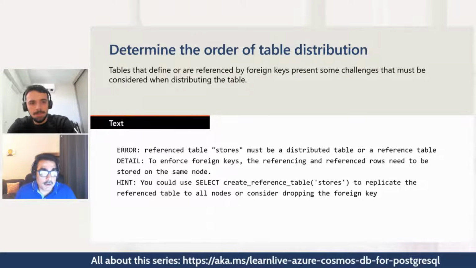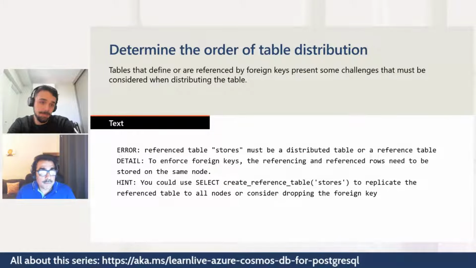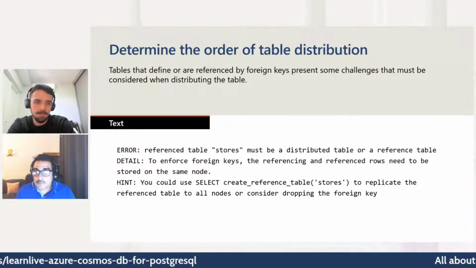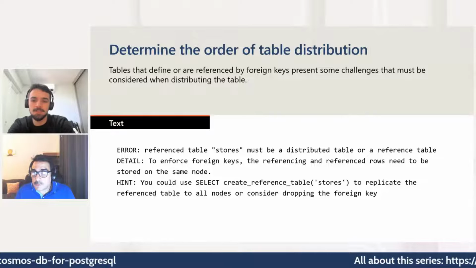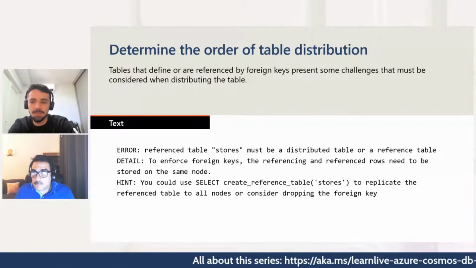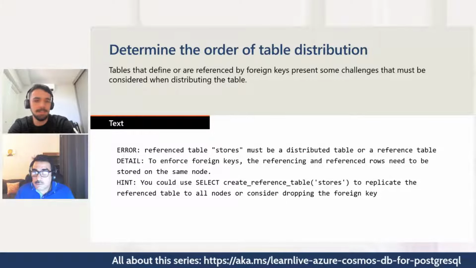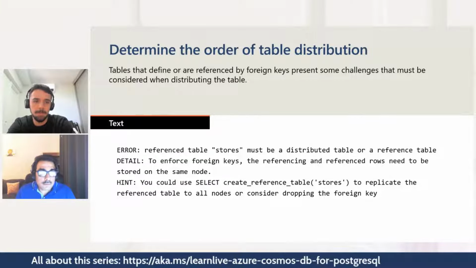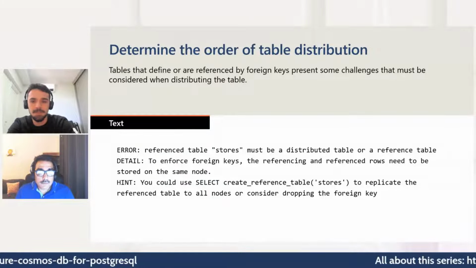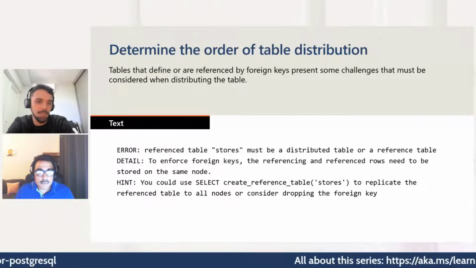Do you want to add something here? Yeah, I just want to pause for a bit and answer the question that was sent on the chat. The question was, can the distribution key be of any data type, or are there any limitations? It can be of any data type. What Citus does in the background is use native Postgres hash functions for each of the possible data types that can be in a column.